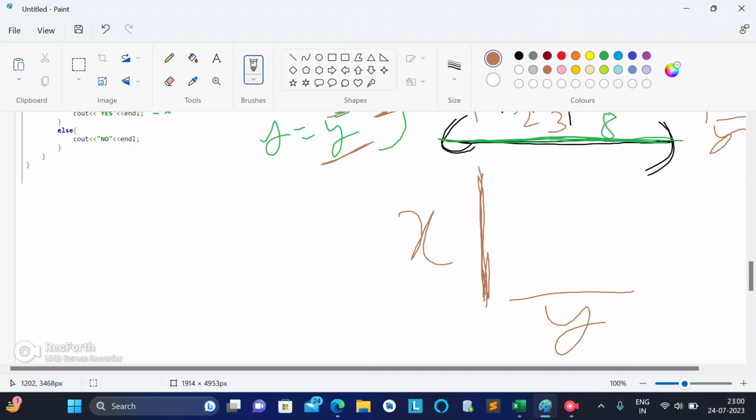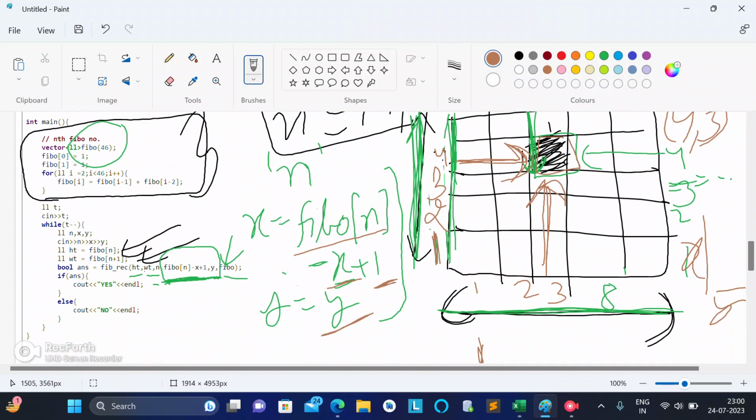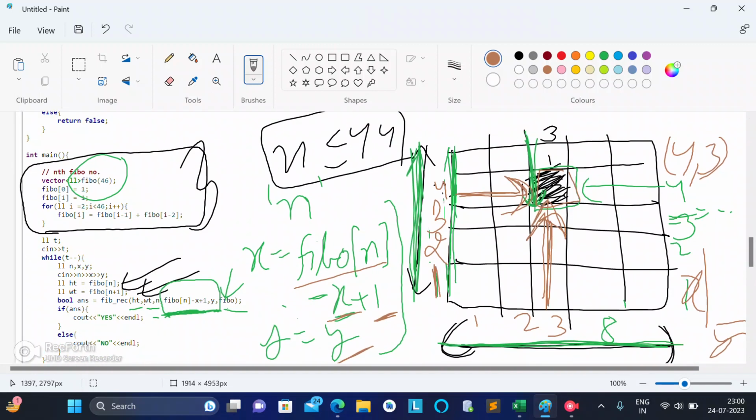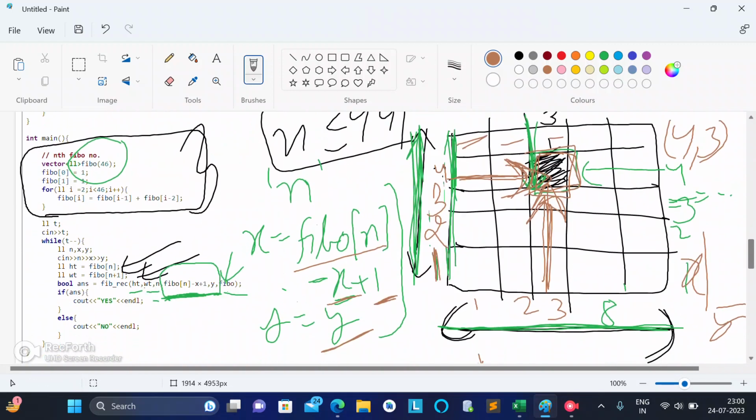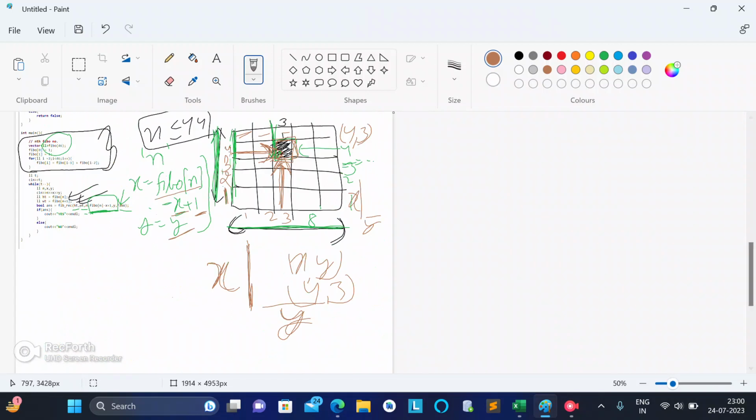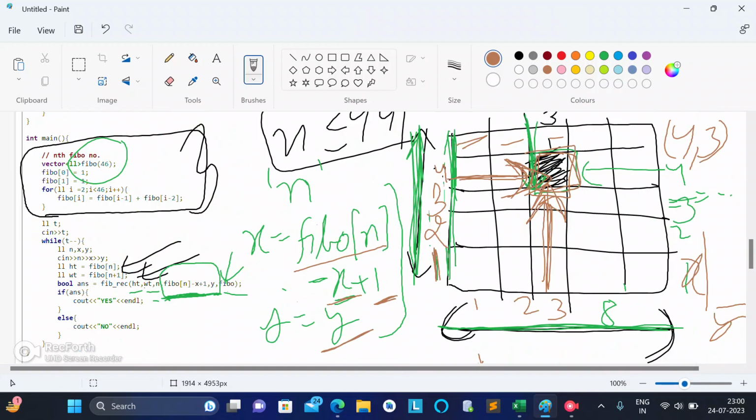We are saying that this is the x-axis, this is the y-axis. Why? Because in CP we actually mark this as x-axis and this as y-axis. So I am saying that this height is actually at 4. So this is the x-axis, and it is at a distance 3, so first 1 2 and 3, so this is the y-axis. So it is at x comma y, or I can say 4 cross 3, so I marked here 4 cross 3.